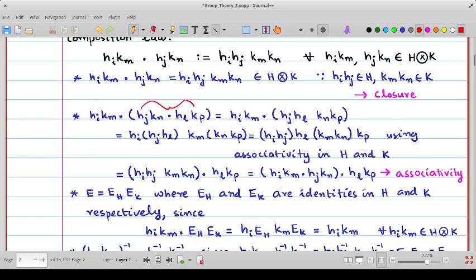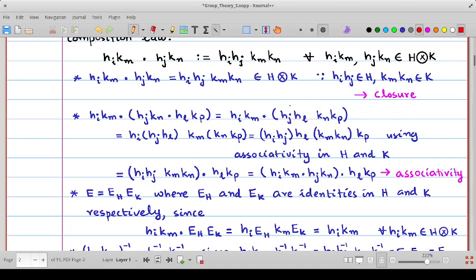But this, using the group composition law, can be written as HJHL times KNKP. Then we take the product of HIKM with this, but using the definition of the product again, so the result would be HI times HJHL, times the product of KM times KNKP.